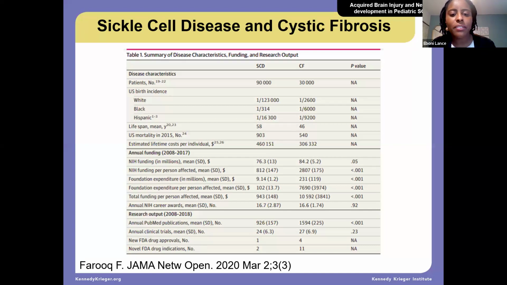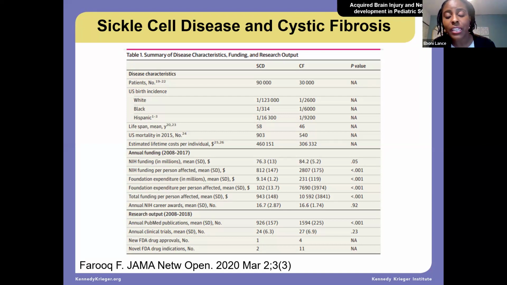That they have somewhat similar lifespans, although sickle cell patients are surviving longer, and similar lifetime costs. But you can see that the NIH funding, while similar overall, the funding per person affected is significantly lower in sickle cell disease.